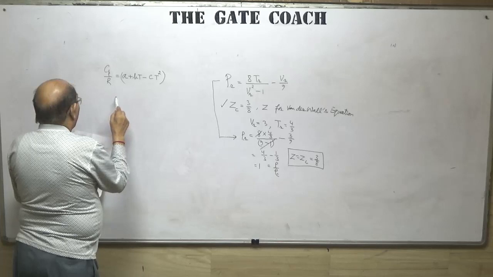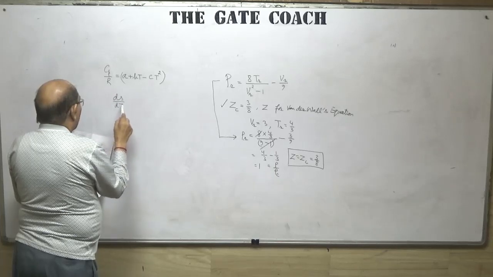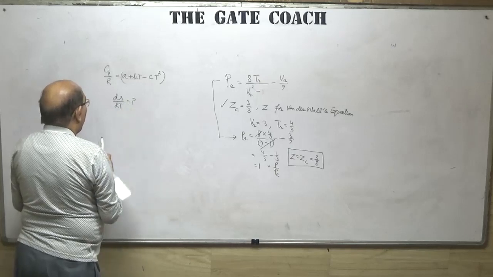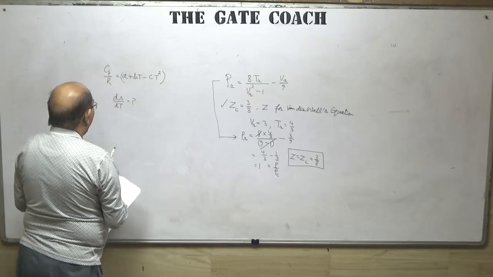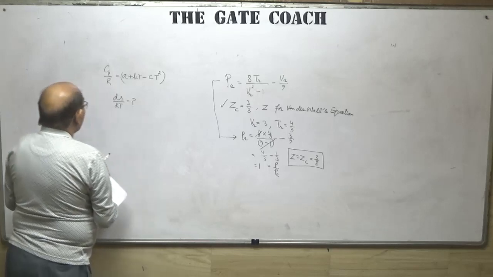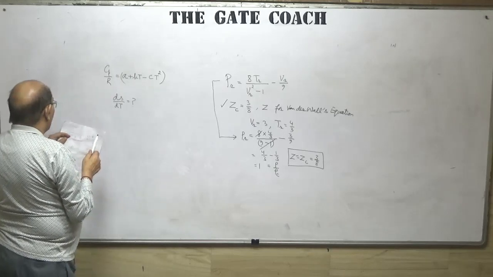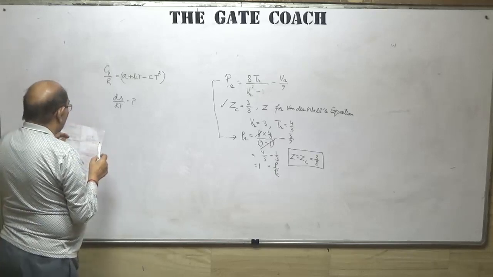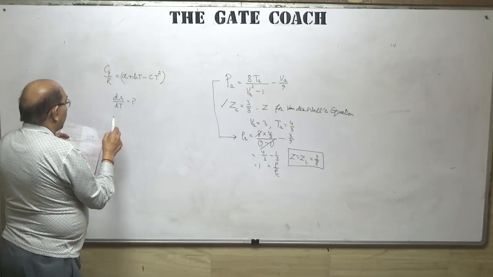We have to determine ds by dt when pressure is constant.